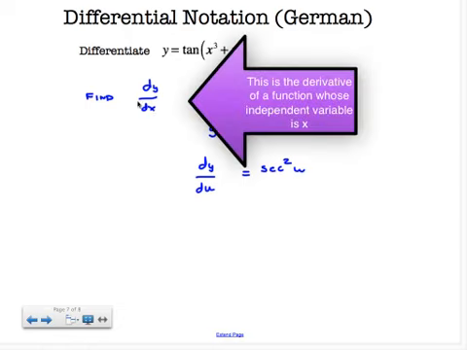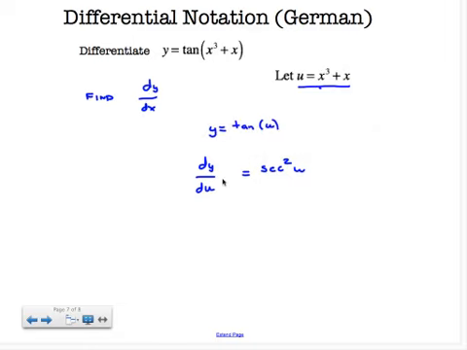And if I think of this as a fraction, technically it's not, but if I do think of this as a fraction, then I would need to multiply dy du by something to get dy dx. Okay, I would need to have a dx in the denominator, and I would need this du to get canceled out, so I would need to multiply by a du in the numerator. Well, if I do that on the left side, I need to also do that on the right side. And so now I can look at this as being two fractions, and the du's would cancel, and I would get my desired derivative, which is dy dx.